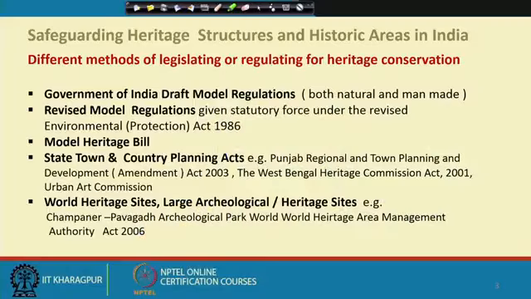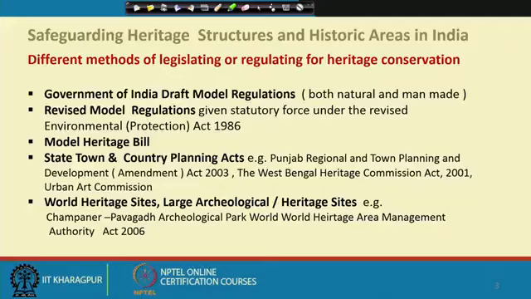And also what we have to see, there are the large archaeological and heritage sites, which are World Heritage sites, like Champaner-Pavagadh Archaeological Park, which has a World Heritage Management. So, there are various World Heritage sites, and there we need to coordinate not only under the UNESCO guidelines, but also the local authority plan.